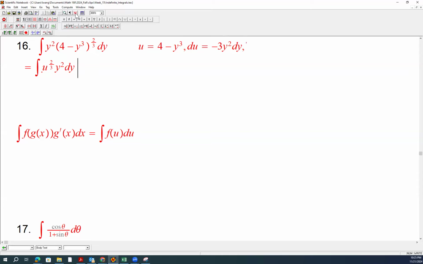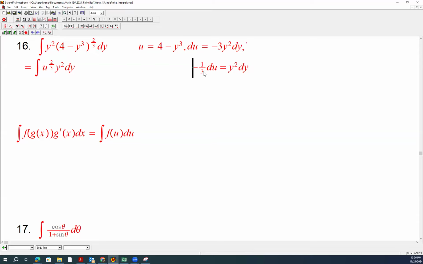Let me use the next line. y squared dy is equal to, divide both sides by -3, so this is going to be -1/3 of du equals y squared dy.